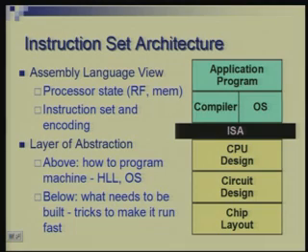This is a typical view of where we place instruction set architecture in between software and hardware. At top you have application programs which are able to run on a processor with the help of some system software. For example, a compiler is required to translate these high level language programs to machine code, and the OS is required to manage the resources and make it possible to compile, load and execute programs.